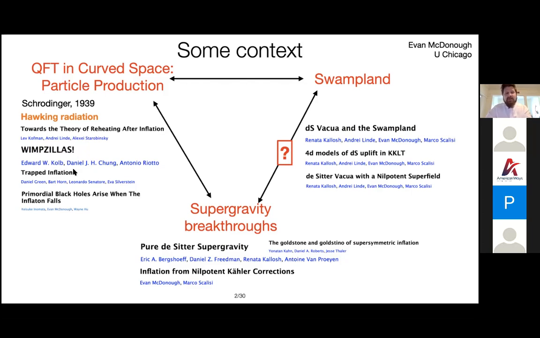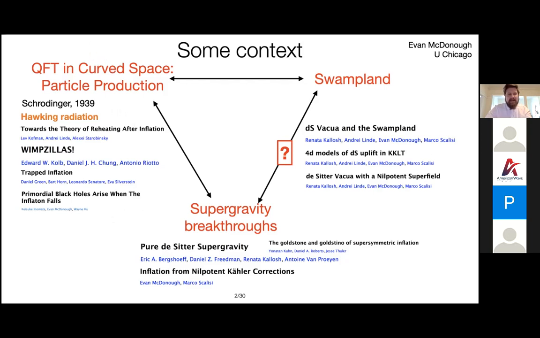In fact, it leads to its own inflation scenario that was developed at Stanford by these authors. And more recently, in some work with folks at Chicago, Keisuke, who's another postdoc, and with Wayne Hu, we studied how primordial black holes can actually form from the particles produced in one of these non-adiabatic events.